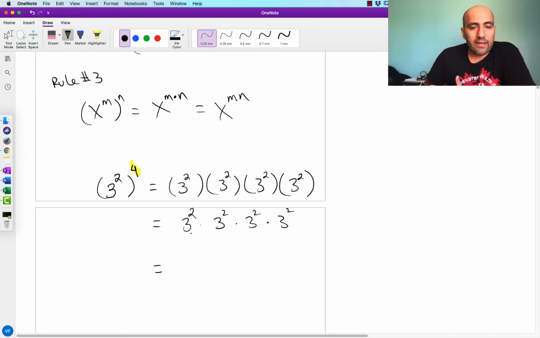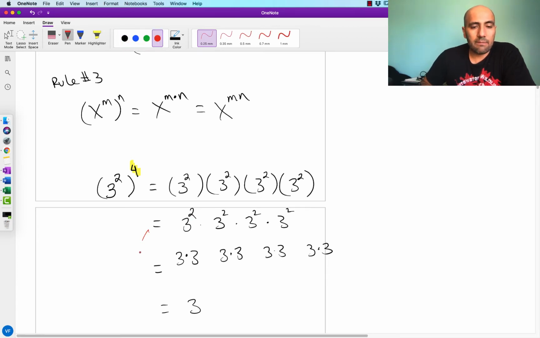If you don't remember that, then we can further break this down and say that each one of these means we multiply a 3 times a 3, and a 3 times a 3 from there, and another 3 times a 3 from there, and then another 3 times a 3 from that last one. So any way you slice it, we end up with 1, 2, 3, 4, 5, 6, 7, 8 different factors of 3.